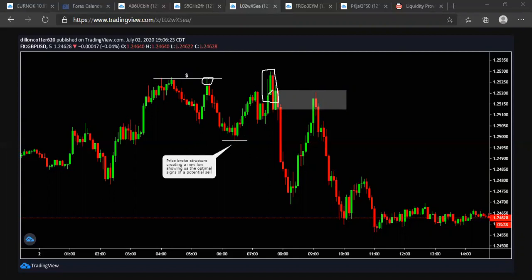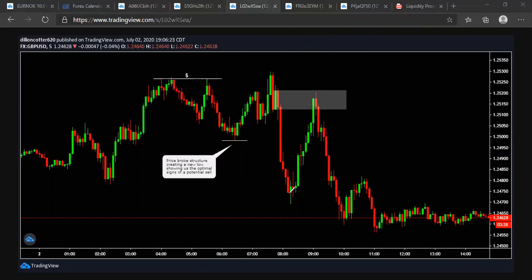After I've seen this high get broken and reverse at such a volatile pace, such an aggressive move to the downside, I already knew that the manipulation was occurring, that this liquidity was being captured right in front of my eyes.